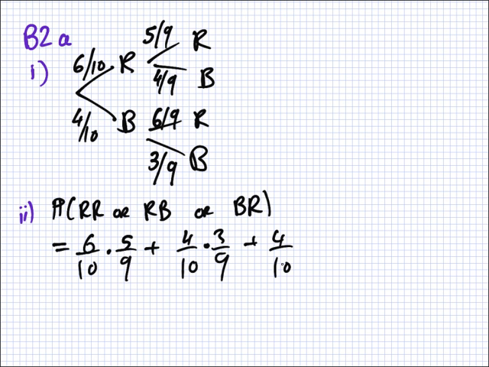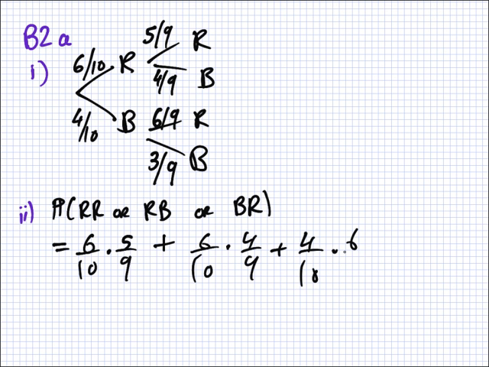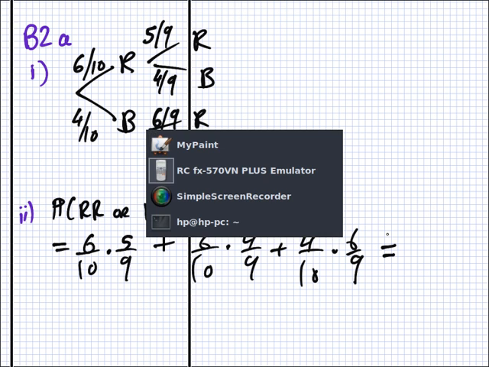No, that's blue. Oh, thank you. 6 over 10 times 4 over 9 plus 4 over 10 times 6 over 9. Yeah? Now, I said that's one way to do it. There's a quicker way to do it.